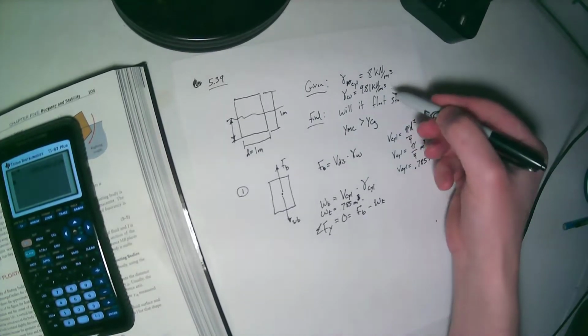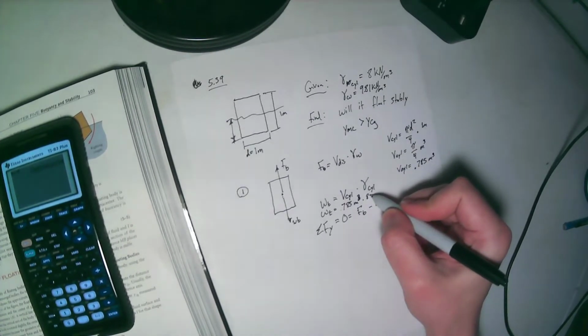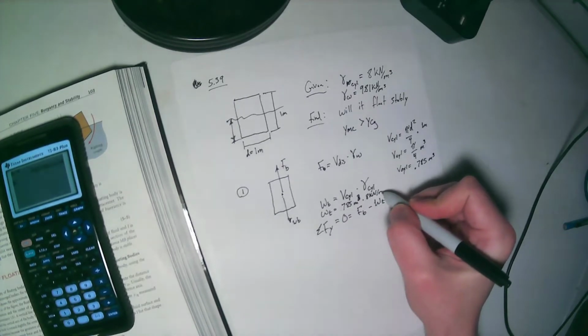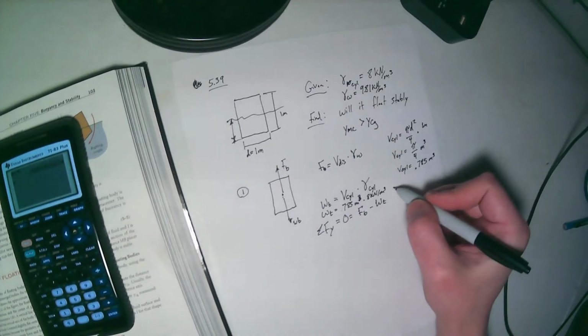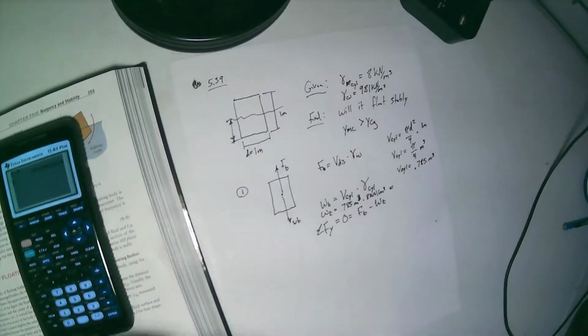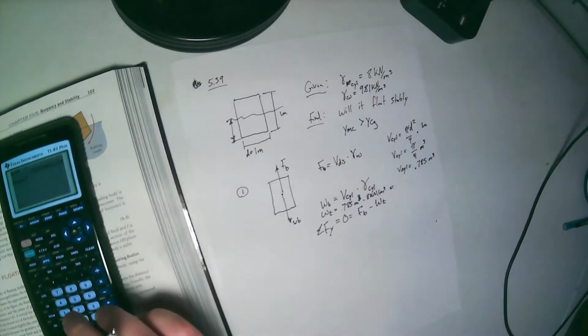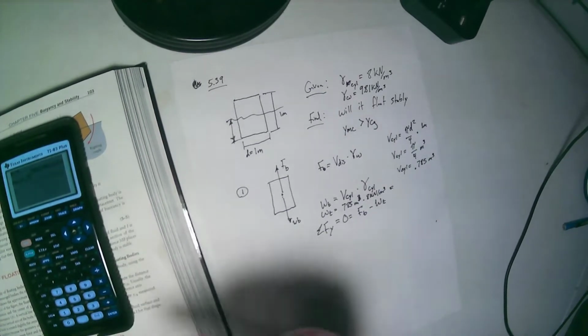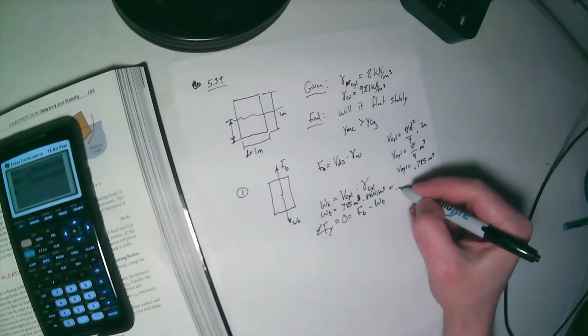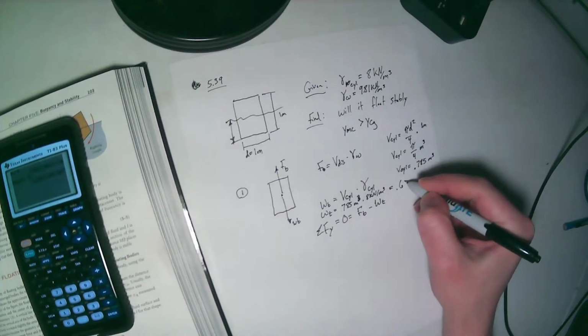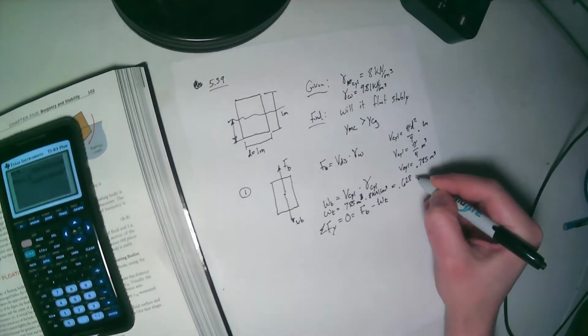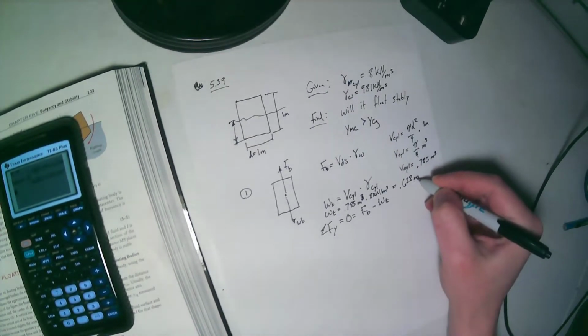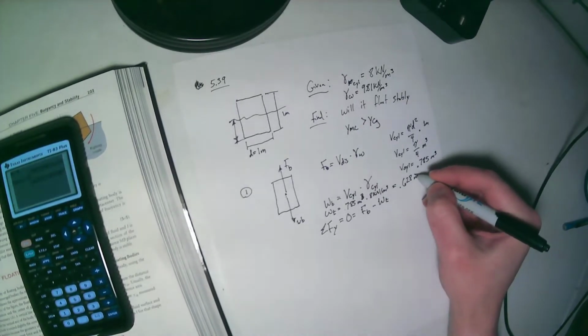Times the specific weight of our cylinder, 8 kilonewtons per meter cubed, and that gives us 6.28, or no, sorry, the meters cancel, so we're left with kilonewtons.